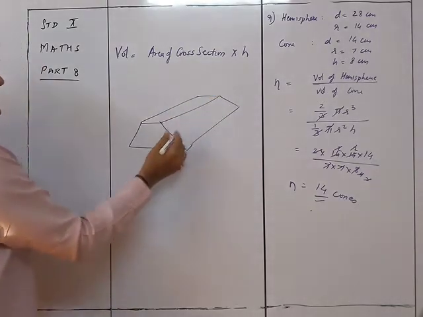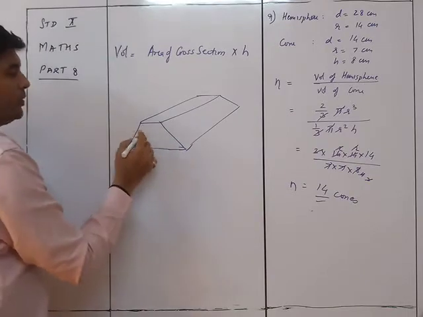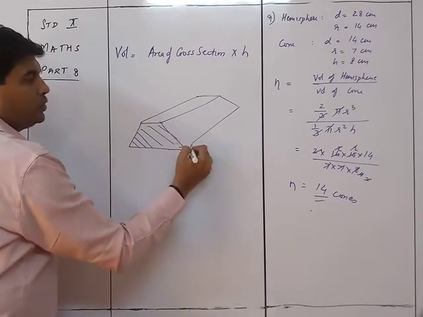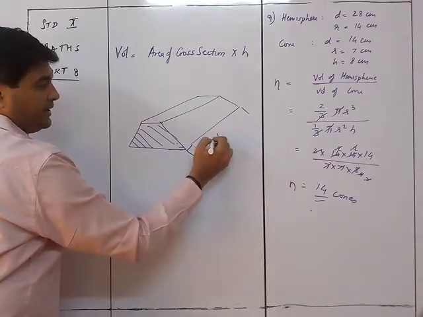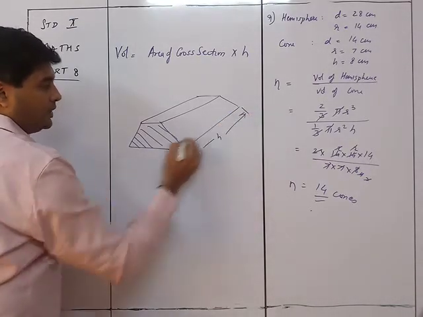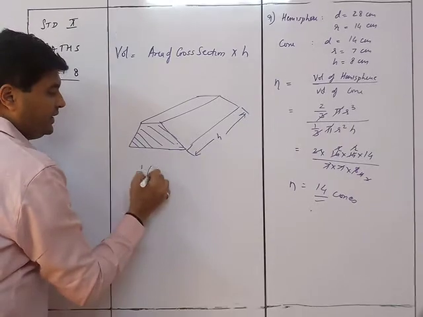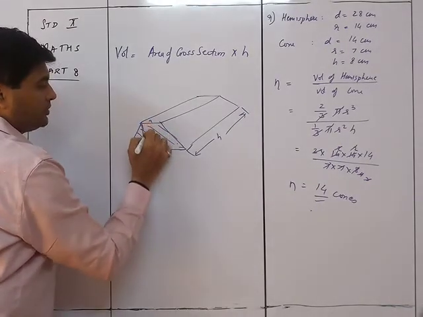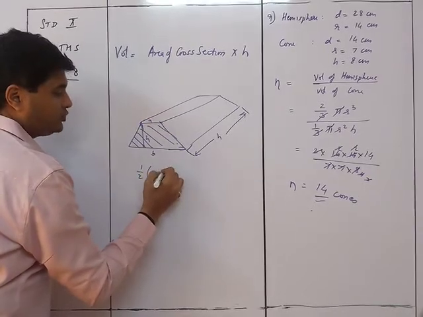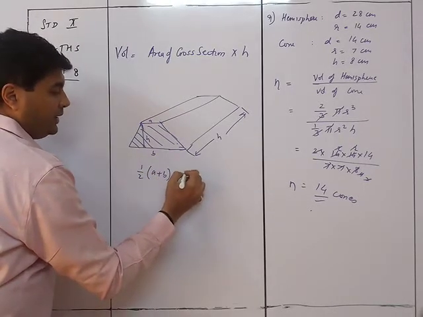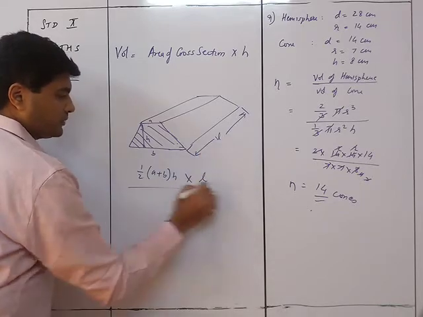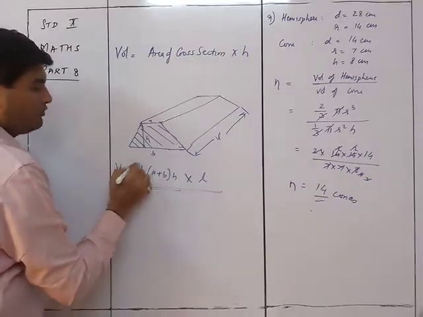then what will be the volume of this thing? The volume of this thing will be the area of this trapezium into the height over here. This is the height. So area of the trapezium is half into sum of parallel sides. Suppose this is A and B, and this over here is your H. So it will be half into A plus B into H into this, which let's take as L. So it is L. This will be the volume of this particular thing.